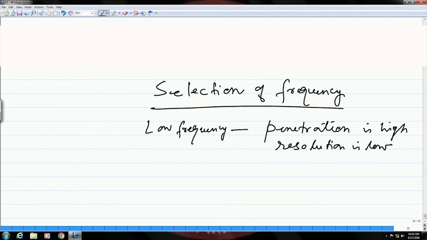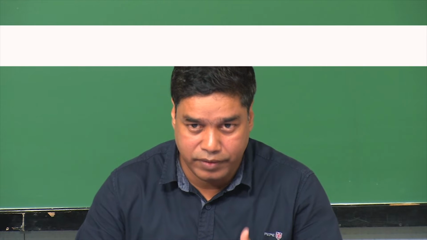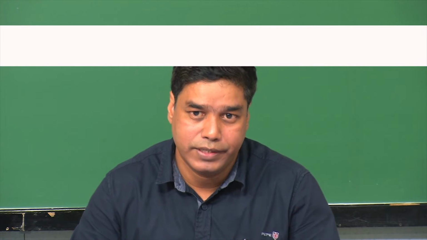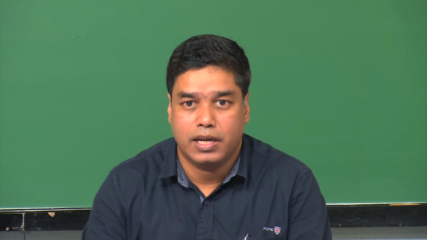Resolution is nothing but the ability of the probe to detect two flaws which are very close to each other. So, if you have two defects in very close proximity to each other, then you should have two separate defect signals, and they should appear as two distinct signals on the display, and that would happen only when the resolution is good.